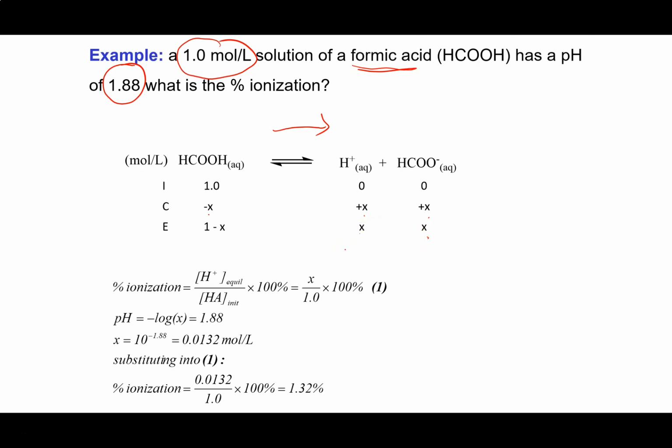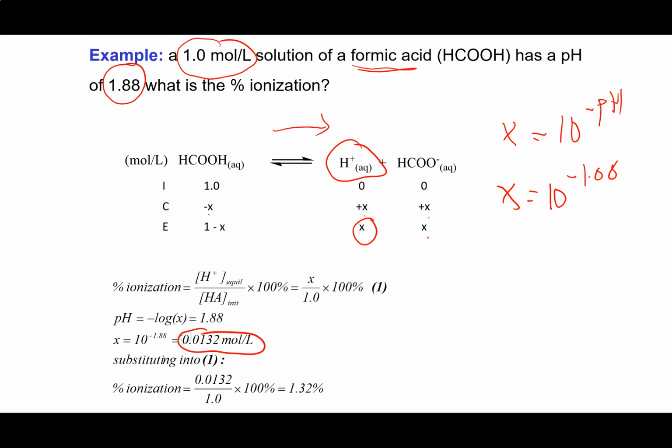Okay, so what do I know? I know that X, my hydrogen ion concentration, will just simply be 10 to the minus pH. So X equals 10 to the minus 1.88. And when I do the math on that, I get that, right? So now I go ahead and I calculate my percent ionization. My equilibrium concentration of H plus is just my X, 10 to the minus 1.88 or 0.0132.